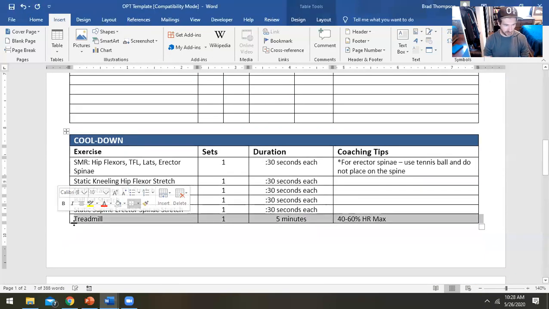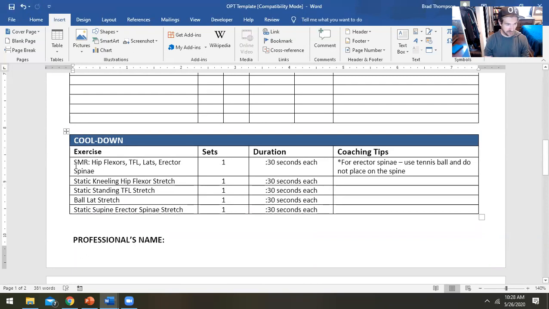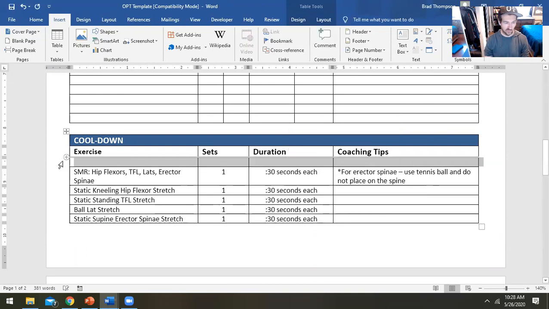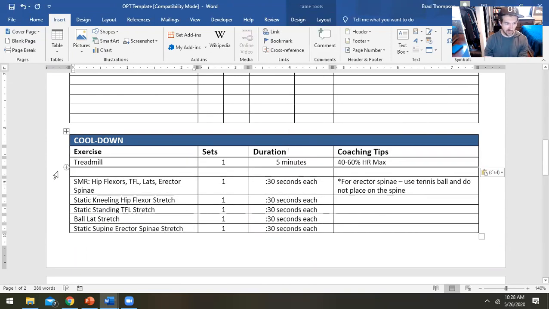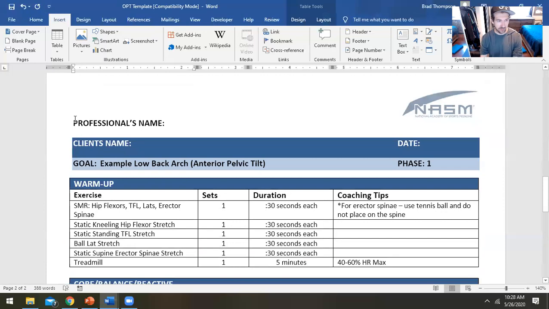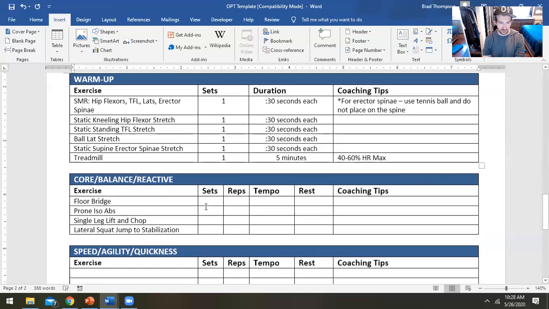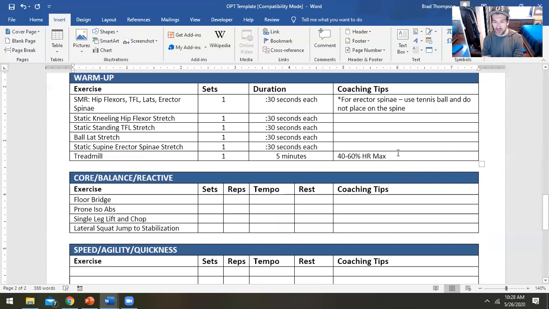Oh, and I need to move treadmill up here. Okay. Formatting issues.